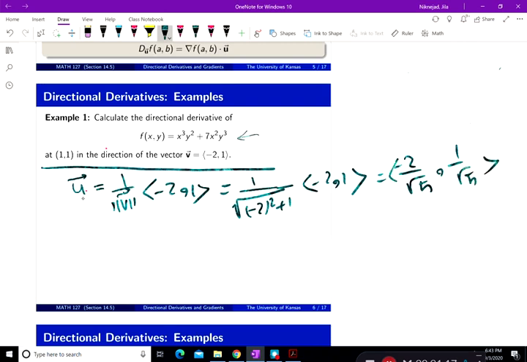Now, the next step is to find the gradient vector, the nabla of f.